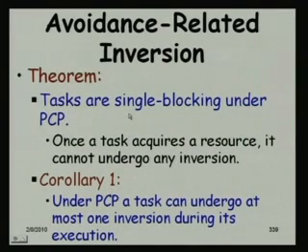The same basic ideas are formalized, and the corollary of this is that a task can undergo at most one inversion. It cannot undergo two direct inversions, and it cannot undergo one direct inversion followed by one avoidance related inversion. It is not possible. So, let us proceed with this.